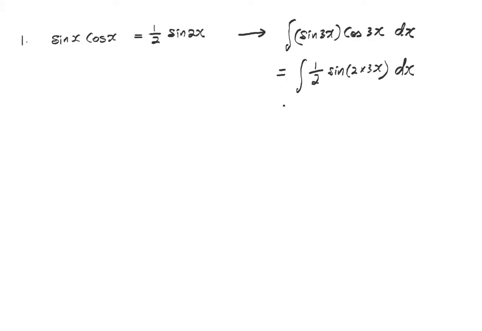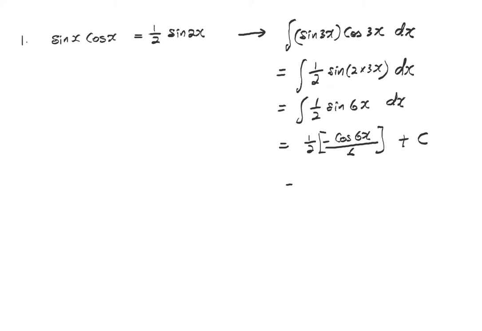So this will be half of sin 6x dx. You integrate sin, you get negative cos. Then you have to divide by 6 plus c.